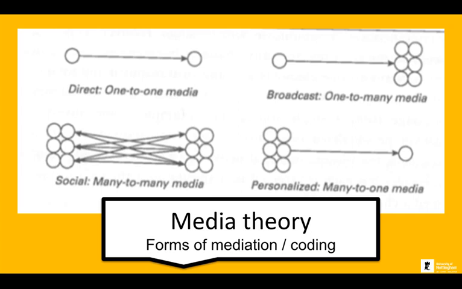So in television, the sender broadcasts the same message, the same advert, to everyone watching television at that time. Everyone gets the same message. Again, in one-to-many media, sometimes it's possible to have a two-way relationship, but usually not.